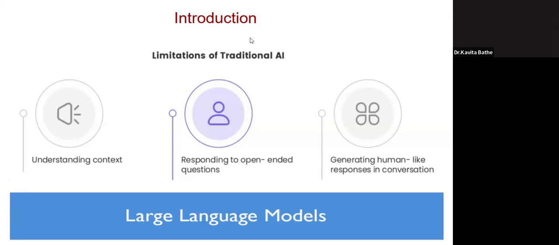Large language models are in turn using transformers and attention. They are helping us to deal with the limitations of the traditional AI system, and they are popularly being used in various domains in today's world.